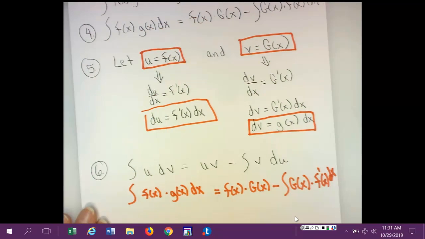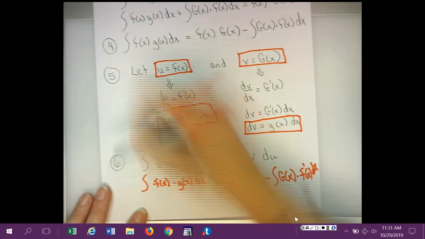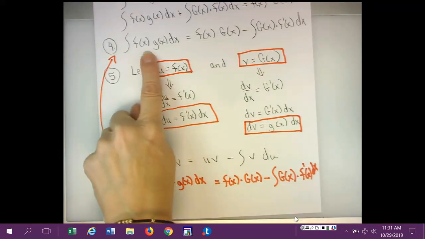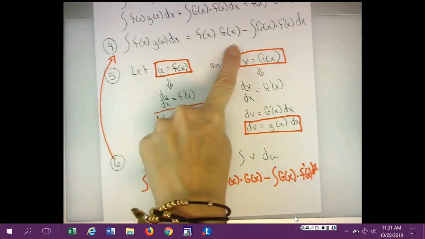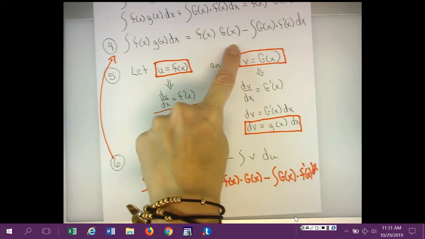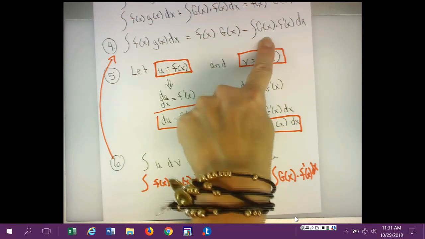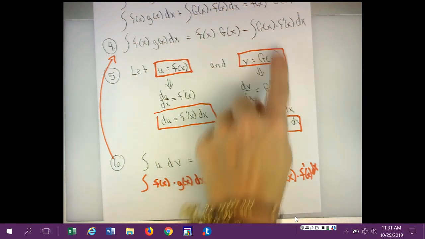And if you go back up to step number 4, is that not what we have? u dv, u times v, and then finally v and du.